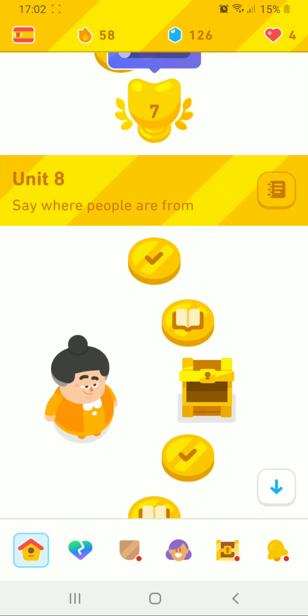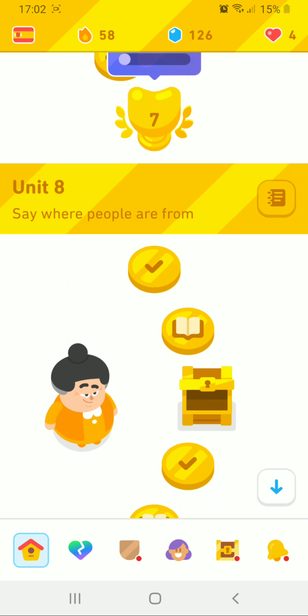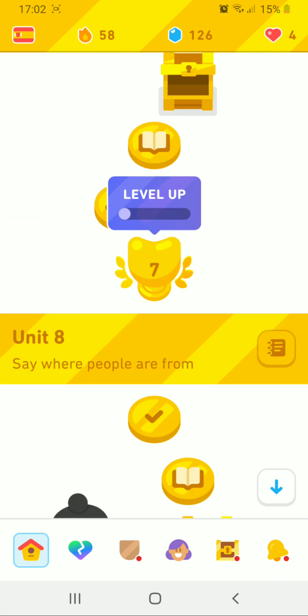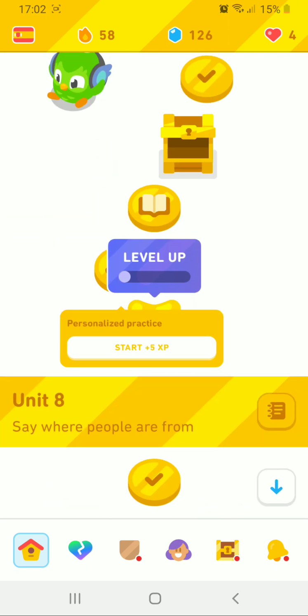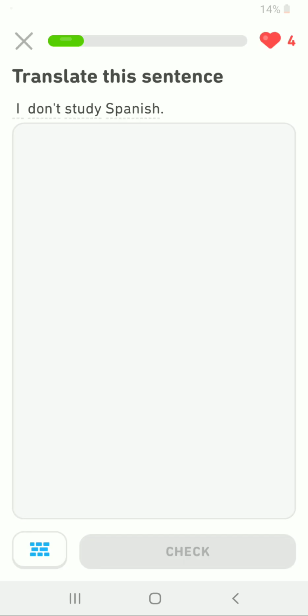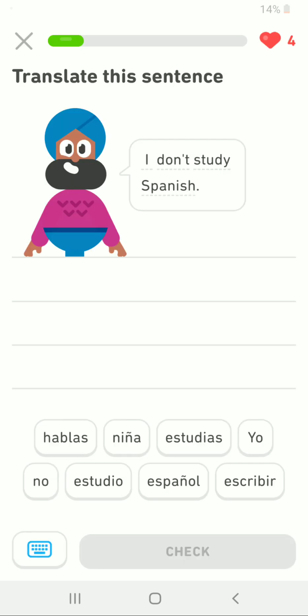At the same time, I'm not sure. Okay. Let's challenge our mind. Let's do this one. We'll stay with Unit 7, but we'll just do one more exercise and we'll see.